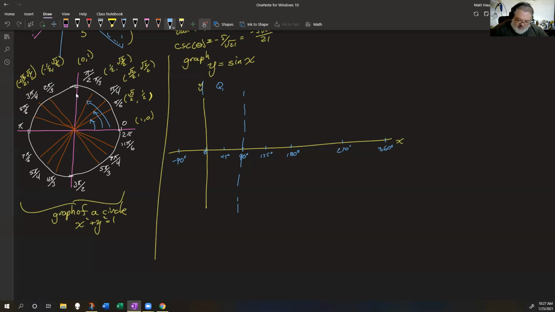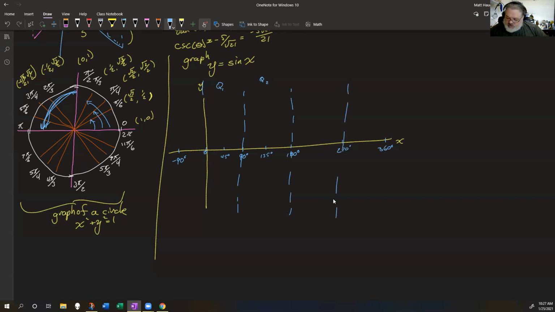And then the angles between 90 and 180, quadrant 2, those quadrant 2 angles are going to be mapped into that part of our x-axis. You might say, well, this isn't quadrant 2. Quadrant 2 is over here. Yes, but this is where our quadrant 2 angles are being mapped to. Does that distinction make sense? So be careful about that.